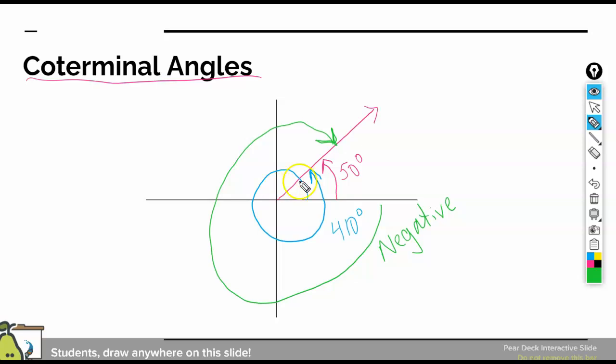So in this case, the angle that would come from this initial side to this terminal side would be negative 310 degrees. All three of these angles have the exact same terminal side on the coordinate plane. So coterminal angles have the same terminal side.